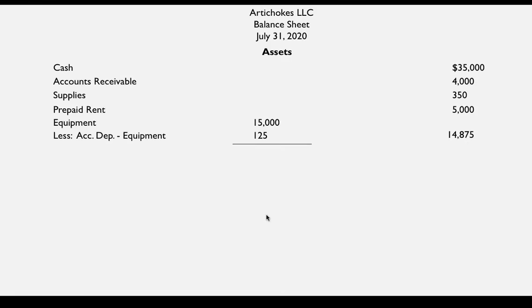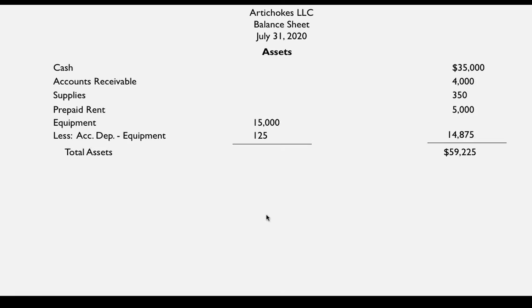So that's what the equipment is worth to us on our books after it's depreciated a little bit. So that's all of our assets. And so once we list out all of our assets, we want to total those up. So our total assets will equal $59,225.